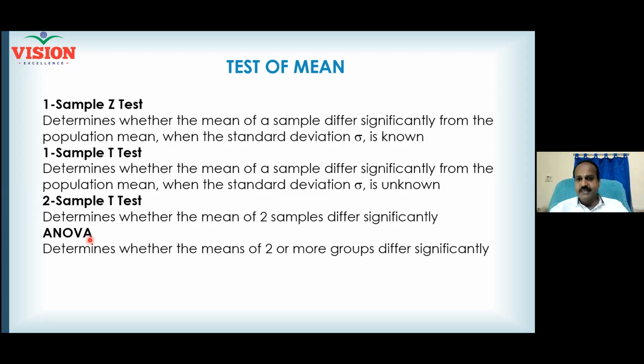If every data point differs by a large amount from the mean, that is called a deviation, and there will be a variance. So ANOVA actually makes use of variance, but finally it arrives at a decision about the mean only, whether the means are equal or unequal, right?